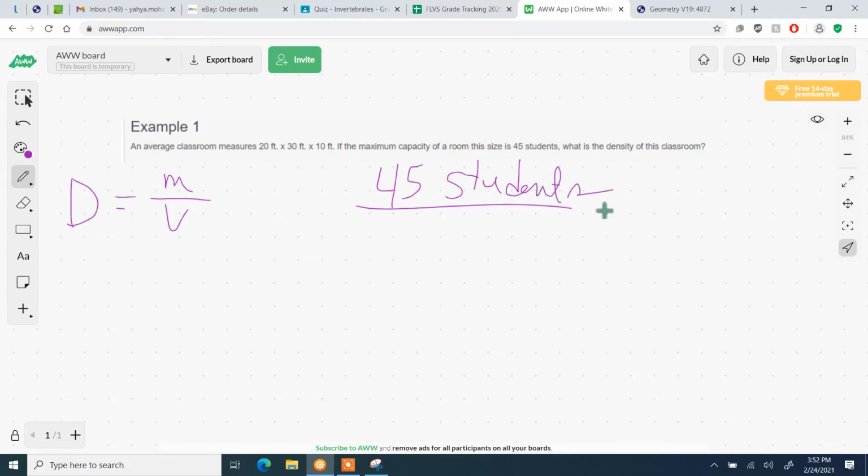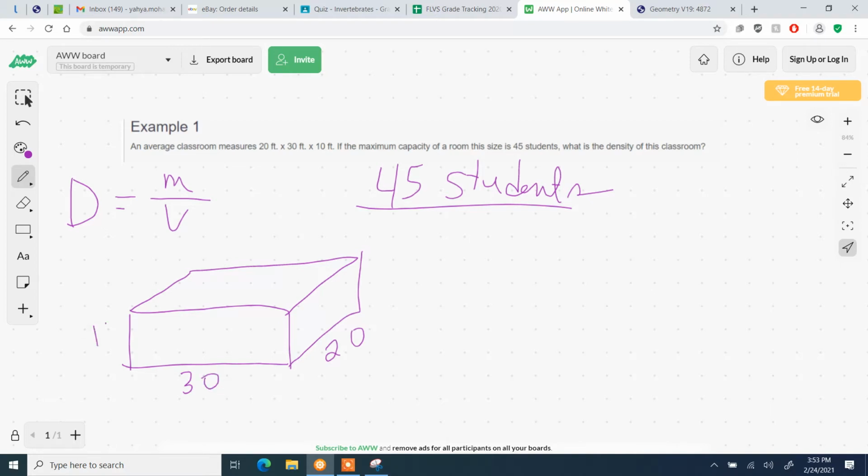Now, the amount of space, in this case, is a volume: 20 feet by 30 feet by 10 feet. Those are the dimensions of the classroom. How do we find the volume? A classroom looks like a rectangular prism, so maybe one side is 20 feet, another side is 30 feet, and the other is 10 feet.